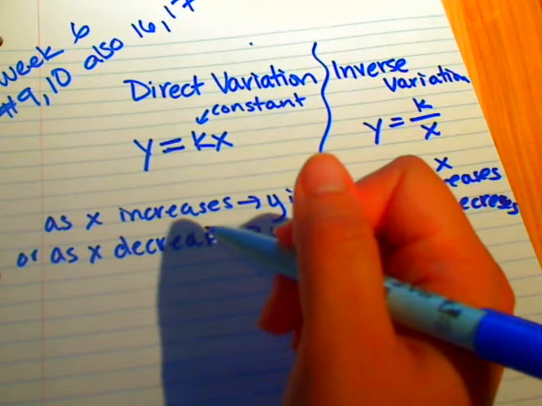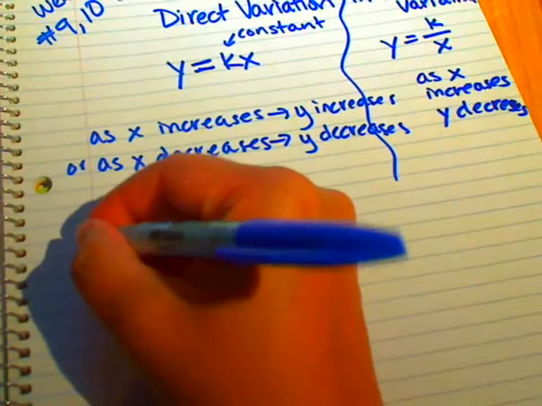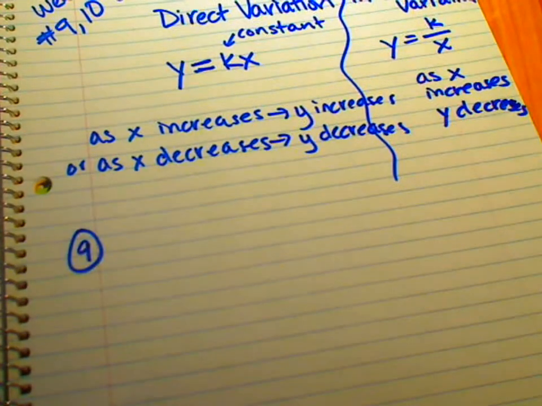So number 9. Number 9 says direct variation. If you go 120 miles in 3 hours, how long would a trip of 200 miles take?